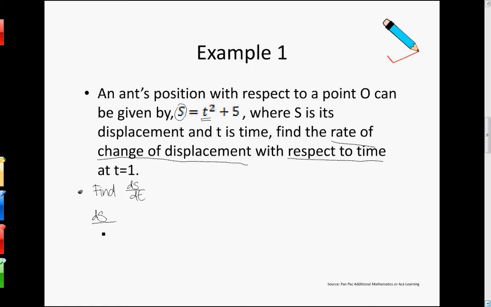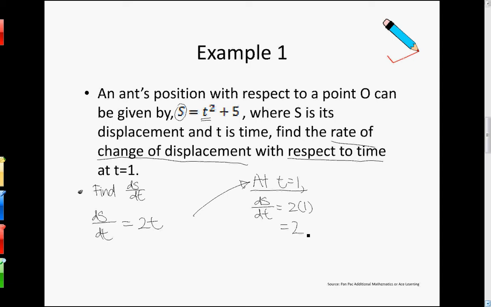So ds dt, differentiating s with respect to t, would just give us 2t over here. Okay, I'm very sure you're very familiar with this. And then find the rate of change of displacement at t equals 1. So for example, at t equals 1, then ds dt is equal to 2 times 1, which is 2.